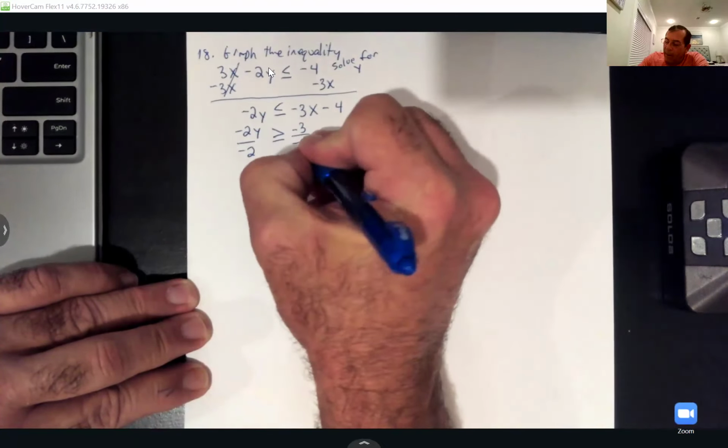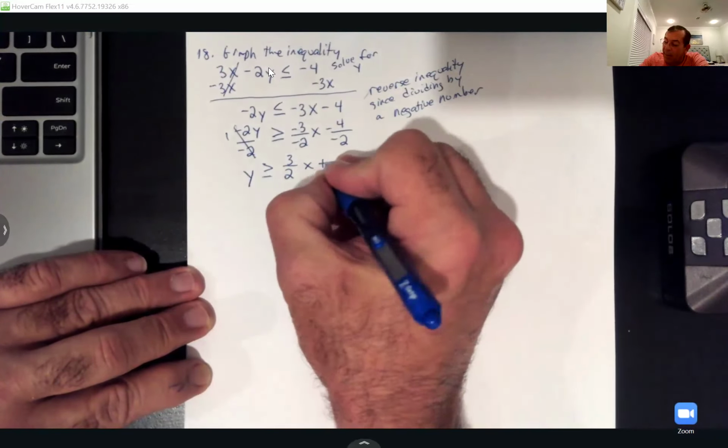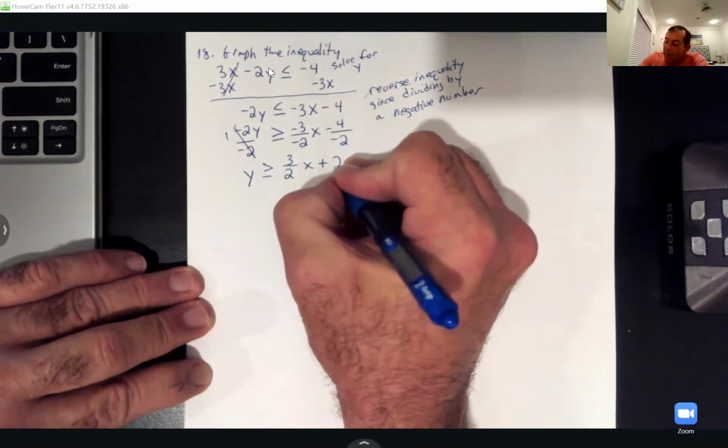It's now greater than or equal. And y'all, negative divided by negative makes that a positive 3/2 x. And then that -4 divided by -2 basically makes that a positive 2.